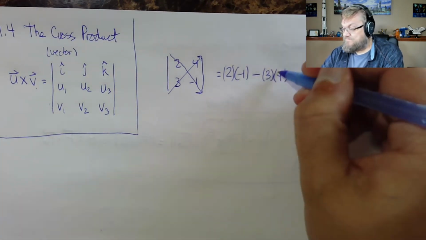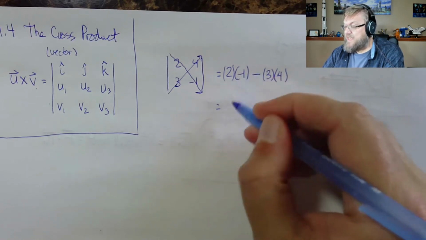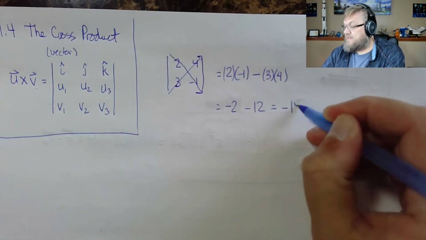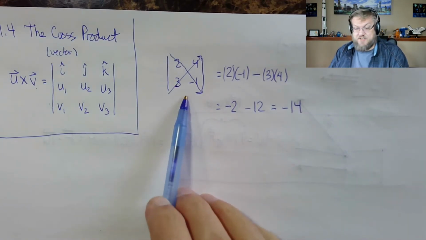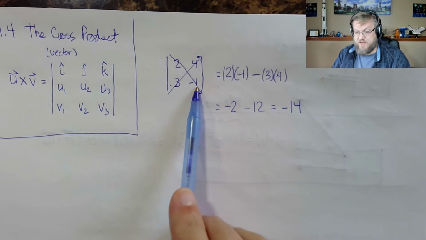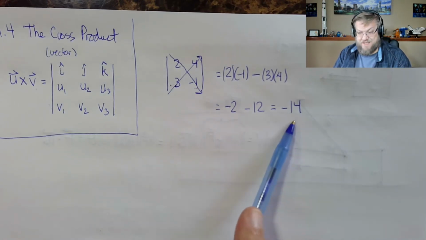So I'm going to get -2 minus 12, or -14. So the 2 by 2 determinant of this matrix, 2, 4, 3, -1, is the number -14.